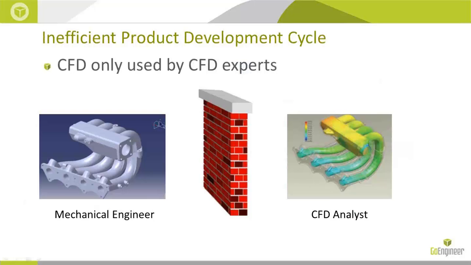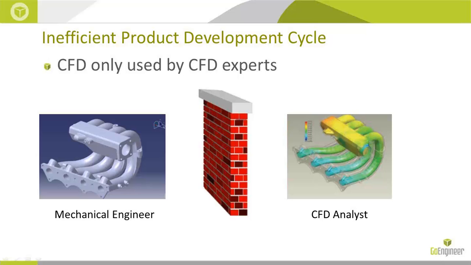Traditionally, CFD is only used by CFD experts. On the left, we have our mechanical engineers working in their CAD system, making a great product, and then they throw it over the wall to the CFD analyst. Traditionally, this is a PhD writing code and doing that exclusively.